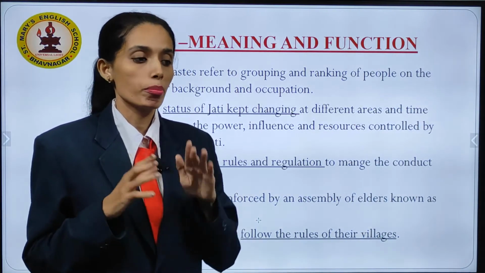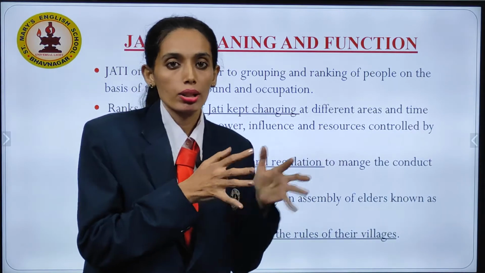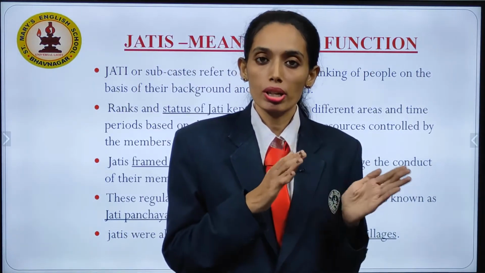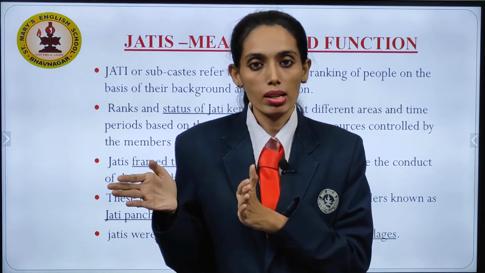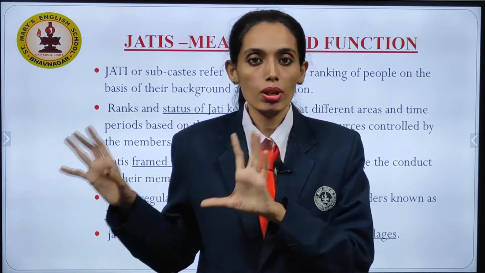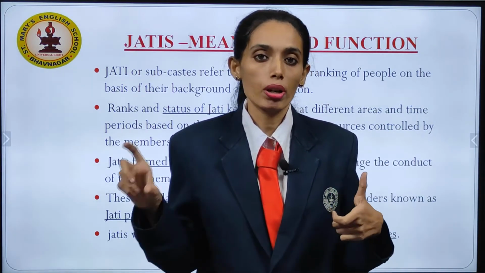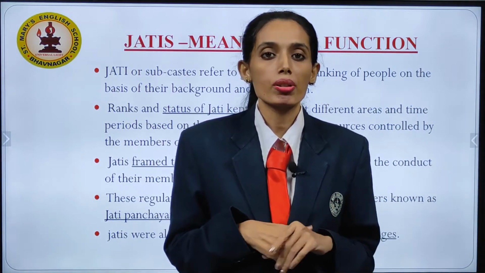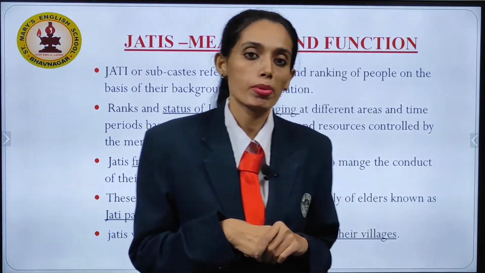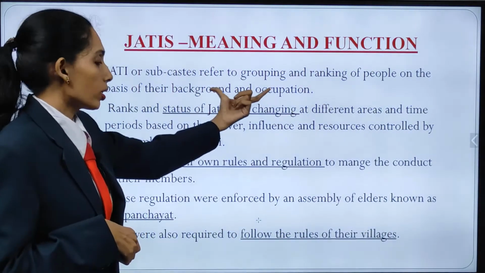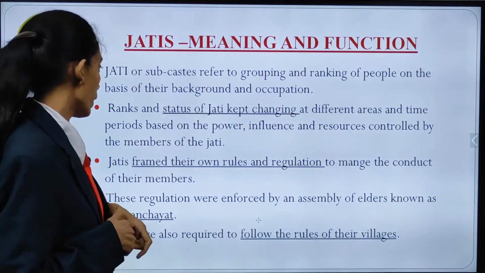According to occupation, Brahmins would do the work in the temple or read the holy text. Kshatriyas were termed as warriors; their work is to go for fights. Vaishyas are known for trading, and Shudras were known for menial, low jobs. So it was decided based on occupation.